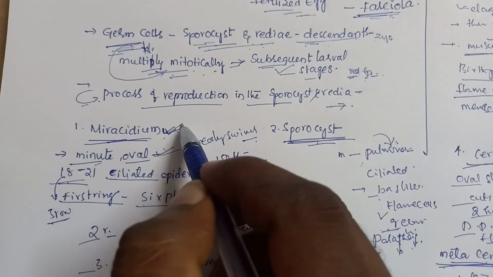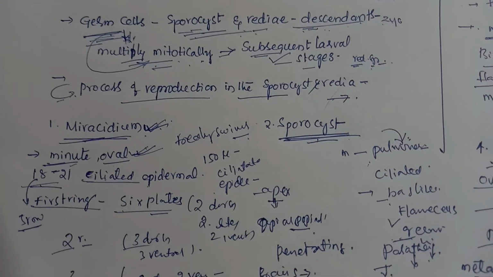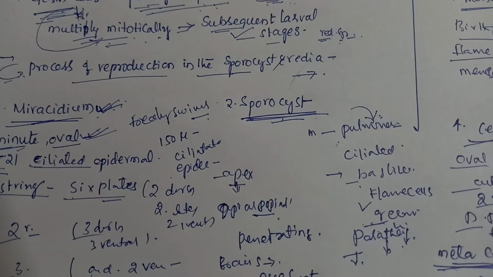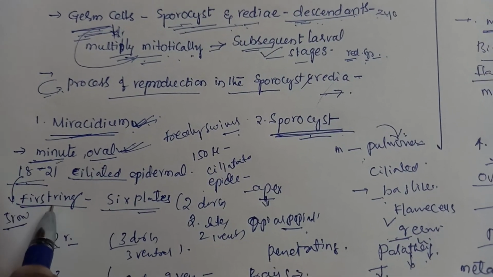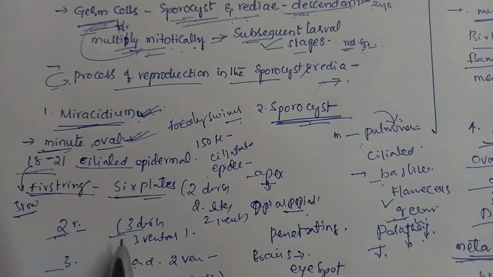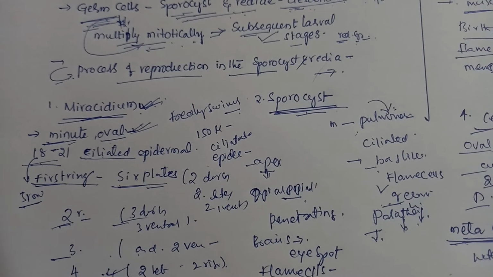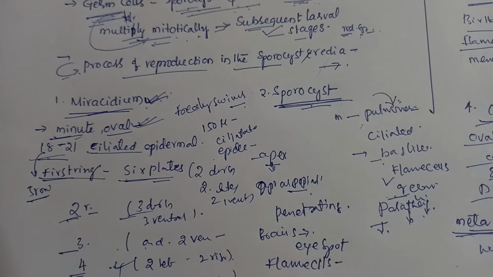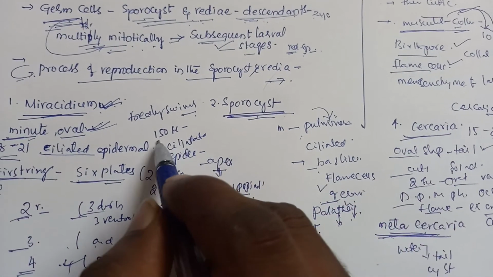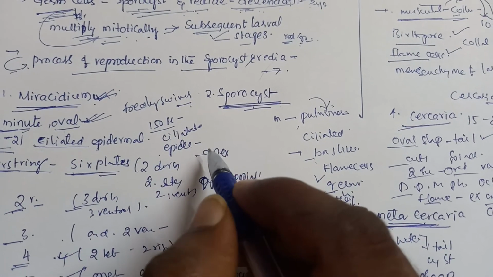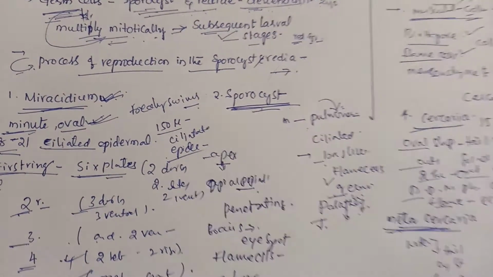So the first one, Miracidium larva, is minute and oval in shape. It has 18 to 21 ciliated epidermal cells lying in 5 rings. The first ring contains 6 plates, the second ring 6 plates, the third ring 3 plates, the fourth ring 4 plates, and the fifth ring only 2 plates. It is 150 microns in length, and the body is covered by the ciliated epidermal cells.